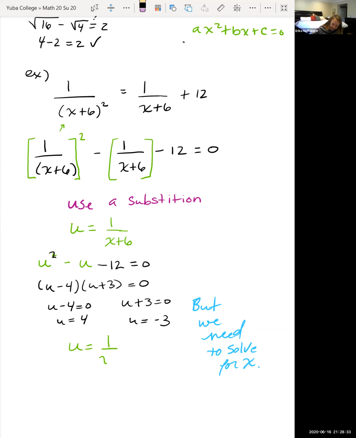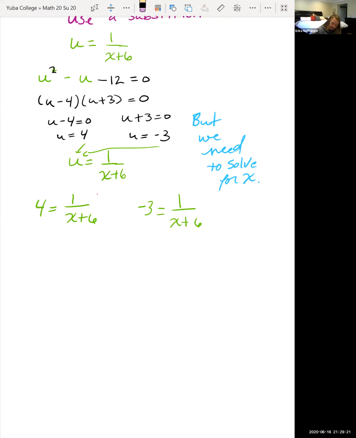So this is a rational equation. I can multiply both sides of my equation by x plus 6 to clear my fraction. And so doing that, I have 4 times the quantity x plus 6. And that gives me back, distribute my 4, I get 4x plus 24 is equal to, x plus 6 is cancel, 1.